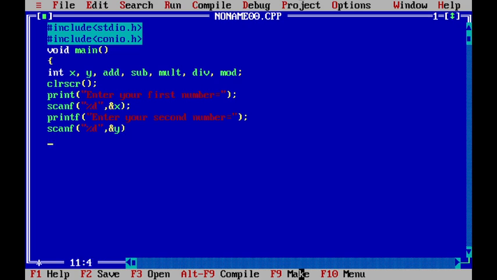Next, first we want to determine addition, so add is equal to x plus y, and now we want to print the addition, so printf "addition is equal to %d", add. Finally we want to see the output by using getch and close the main function.